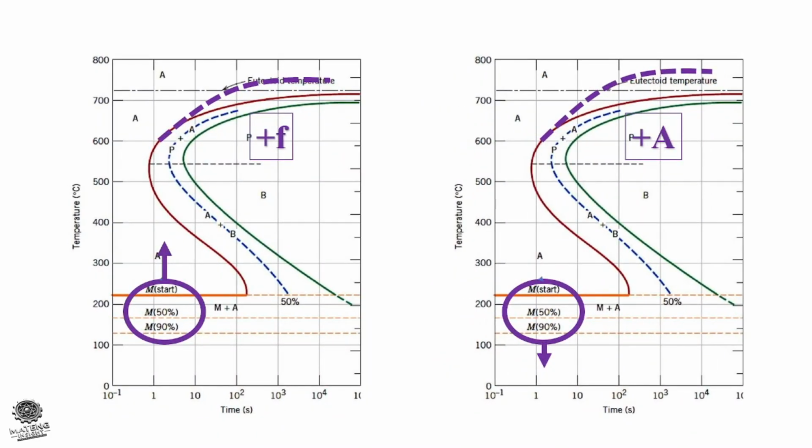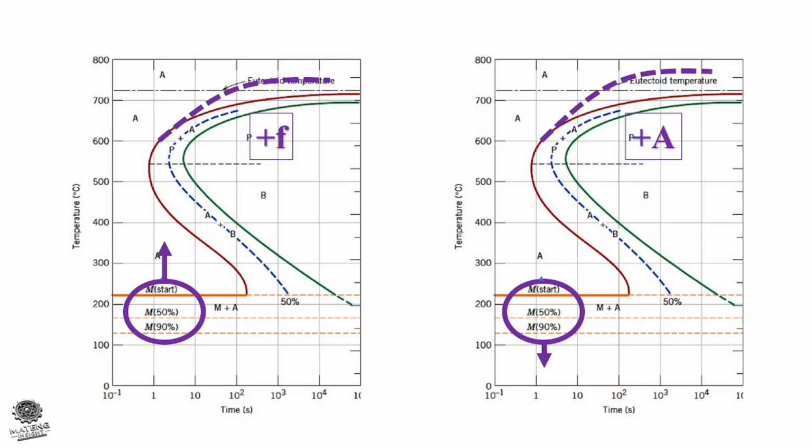But what is the influence of carbon content? Changing the carbon content in plain carbon steels alters the position of phase boundaries in the Fe-C diagram. Low carbon steels are classified as hypoeutectoid, while high carbon steels are hypereutectoid.